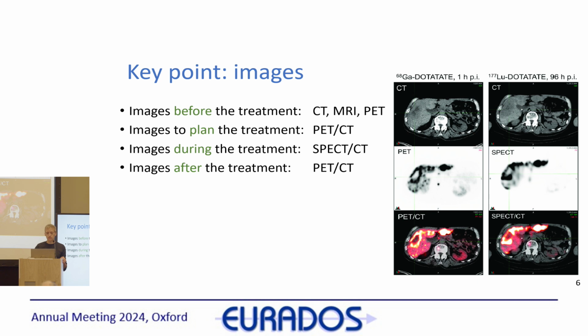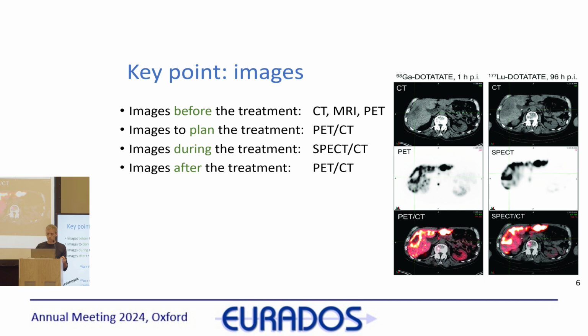Then we use images during the treatment, and this is what we call theranostic application, because it means that with the same radionuclide, we treat the patient, and then we can have images of the deposited activities inside the patient, and then we use images after the treatment.